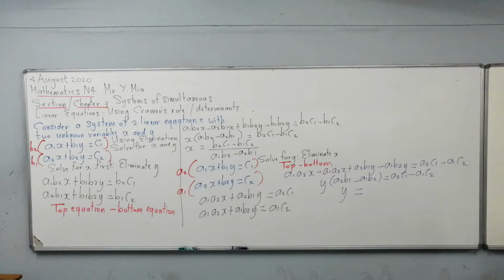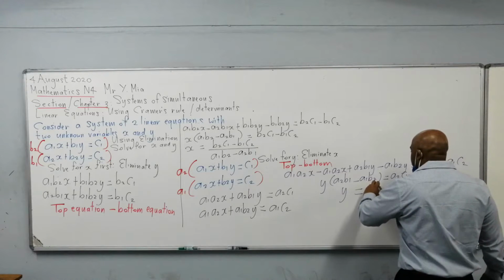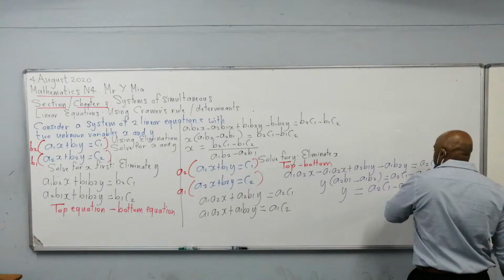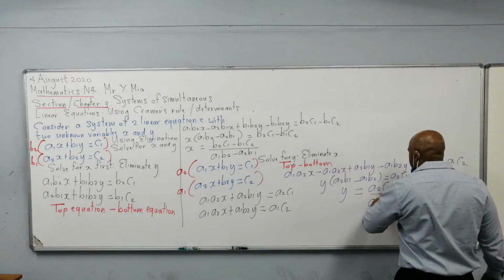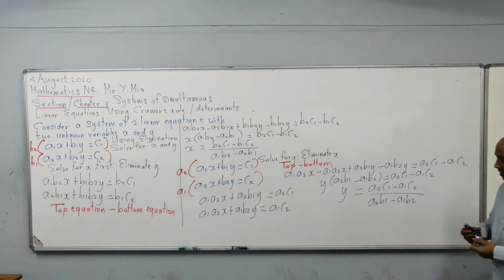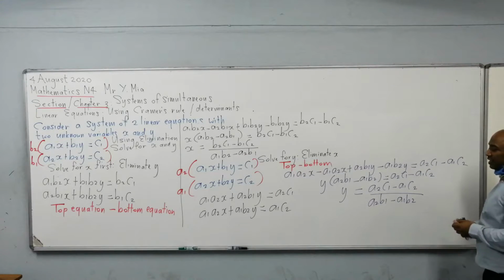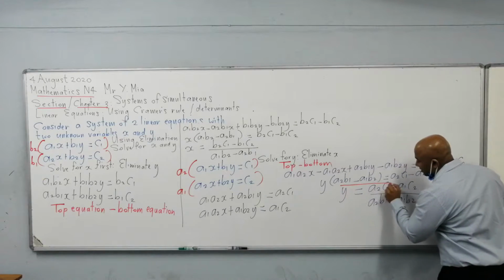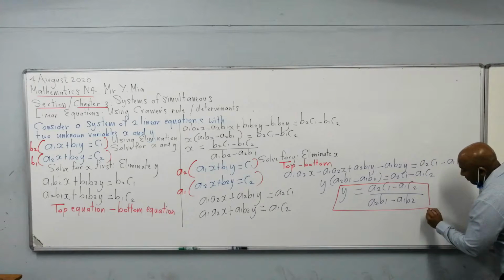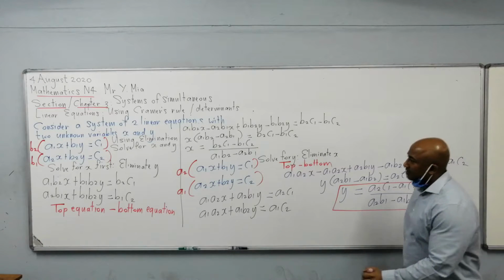Now I can just make y the subject of the formula, so that becomes A2, C1 minus A1, C2, all divided by A2, B1 minus A1, B2. And that is the formula for any two linear equations if you're solving for y.